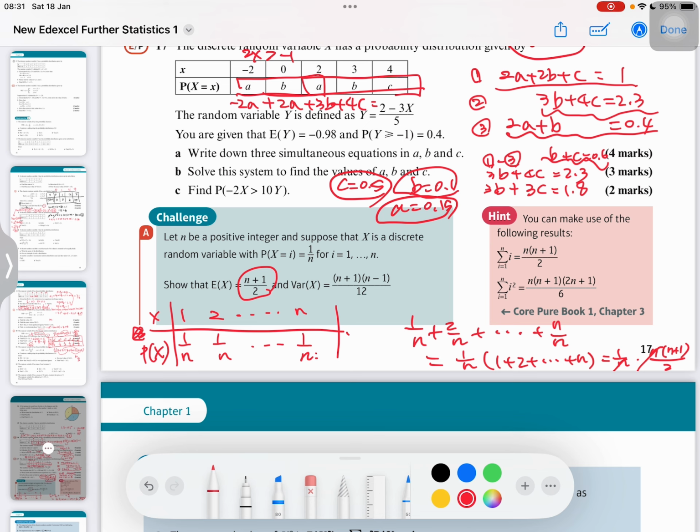So now for the squares, 1 over n times 1 squared, 2 squared, n squared, which is 1 over n times n plus 1, 2n plus 1 over 6.